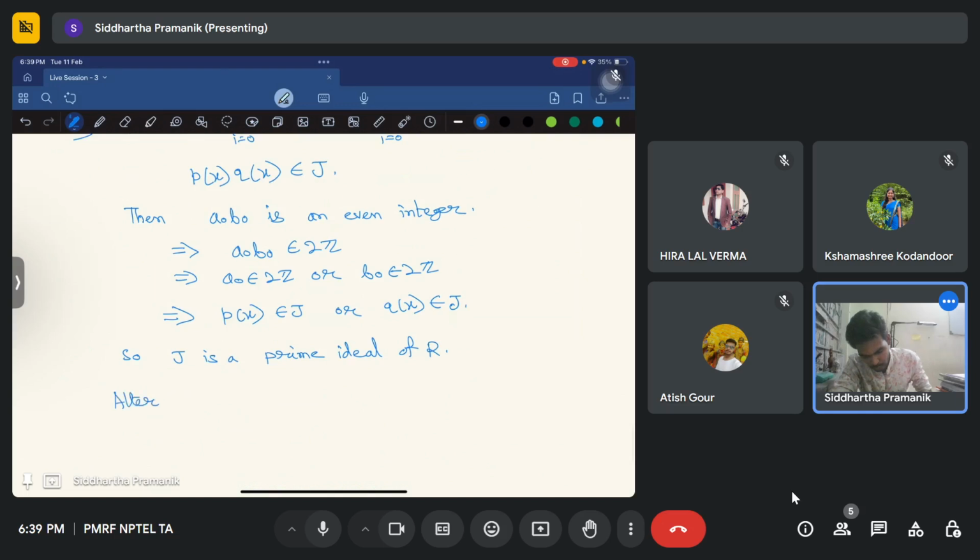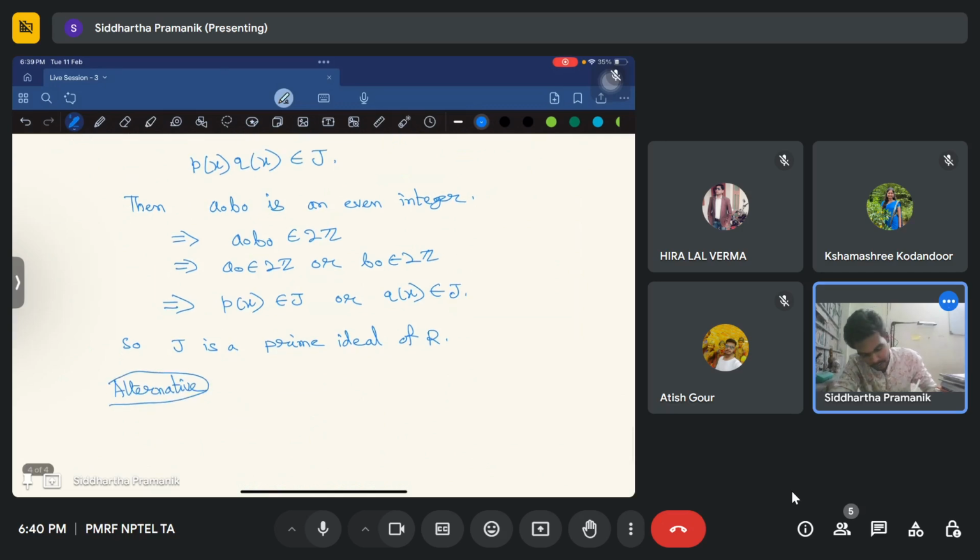If you recall from the earlier live sessions, I have defined a map from Z[x] to Z mod 2Z by f of p(x) maps to p evaluated at 0, and you take the modulo 2.